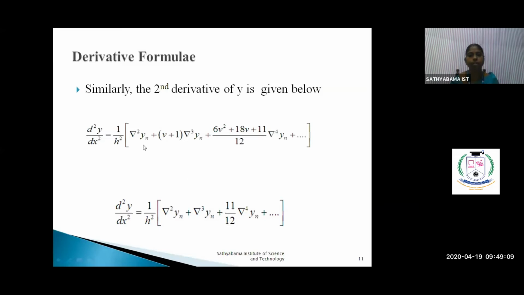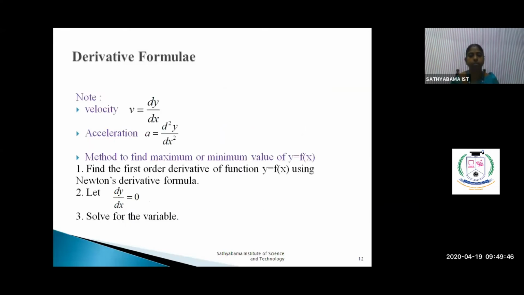So this is the second order derivative formula using Newton's backward difference interpolation formula. And if v equal to 0, that equation is d square y by dx square equal to 1 by h square [del square yn plus del cube yn plus 11 by 12 del power 4 yn plus etc.] I can use this formula if v is 0, it means x is equal to xn. Okay, so we have seen the second order derivative. If x is near the end, these are the formulas.